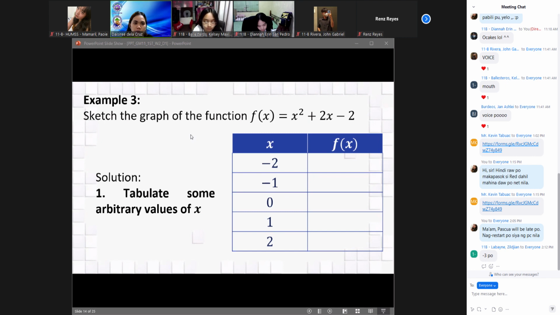Sige, waiting po ako sa sagot ng iba. Sige, sabi ni Kelsey, function. Uy, gamitin nyo yung mga microphone nyo, masisira yan.